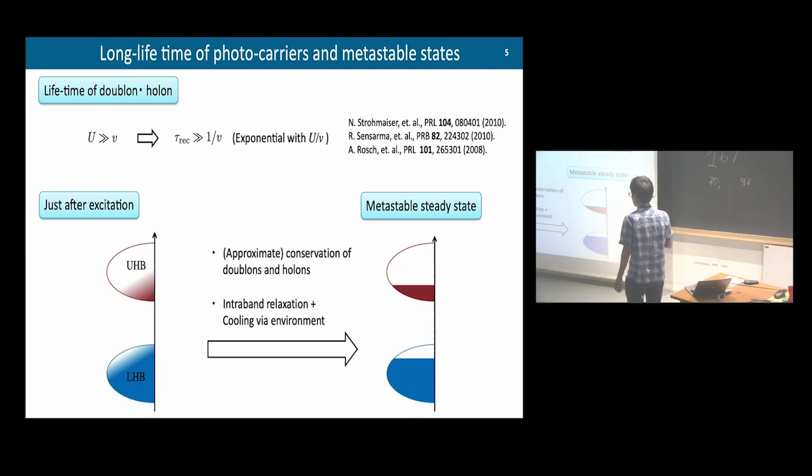What happens in the initial stage is the relaxation within each of the upper and lower Hubbard bands, and also the cooling of the charge carriers due to coupling with an external environment. This leads to a quasi-metastable, relatively long-lived quasi-steady state.